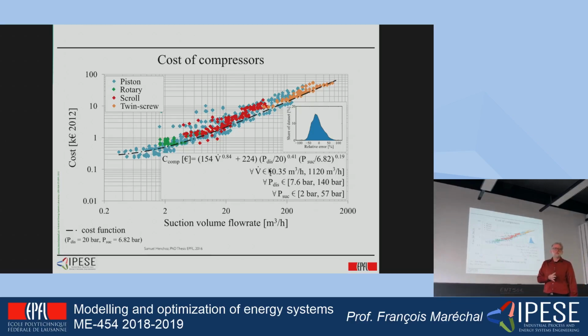The ranges are also very important because they express the zones in which the function has been calibrated. So it is very important to be aware that it's not only a question of having a very nice mathematical formula, but all those parameters in the formula need to be associated to a reality.